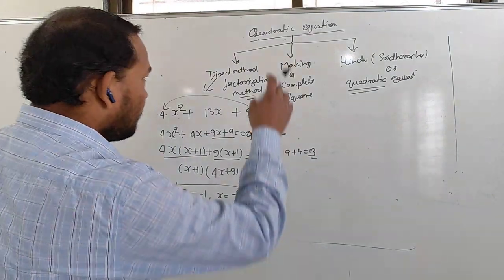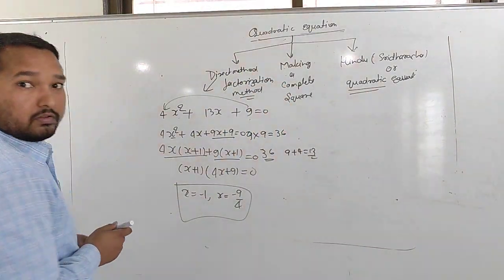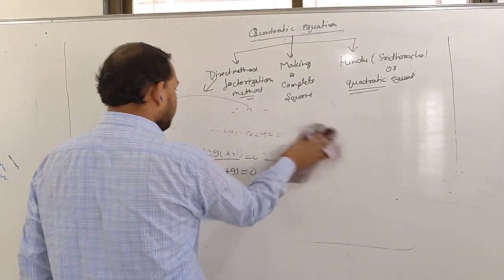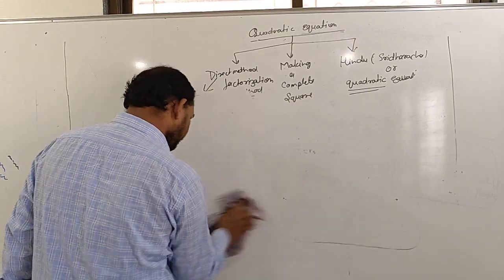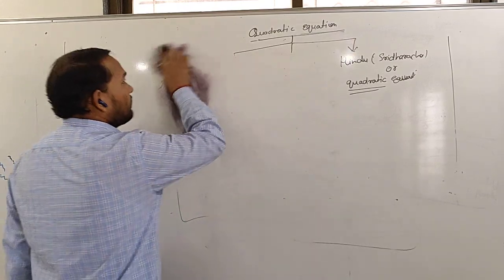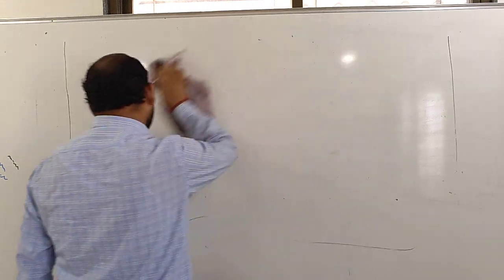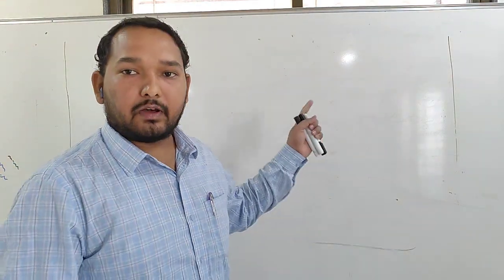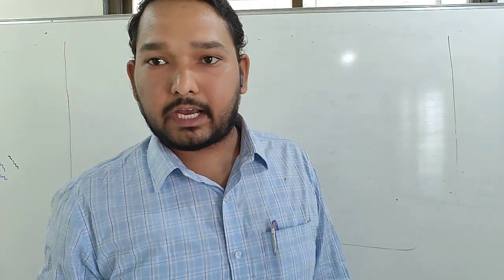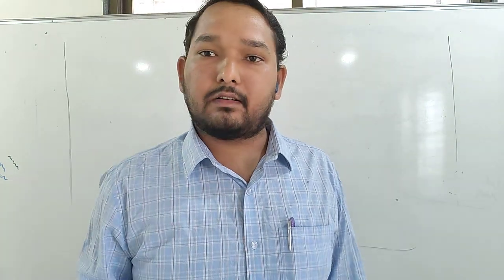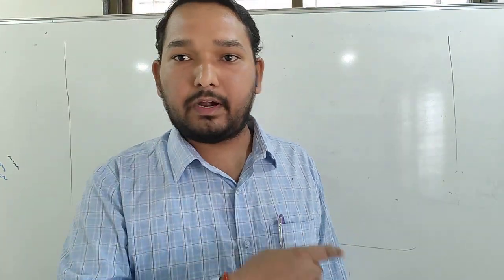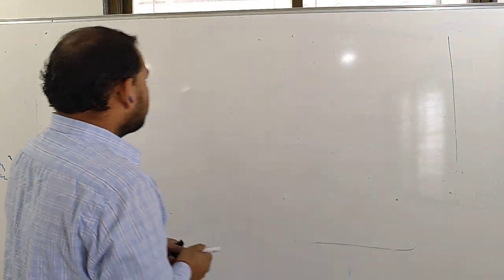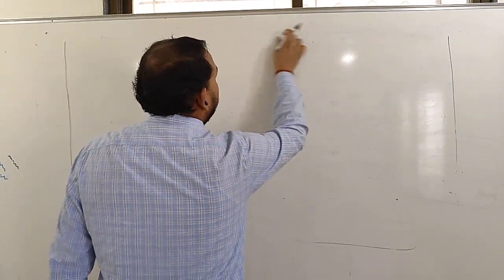Now the quadratic formula. First we derive the formula of the quadratic equation. Where do we use the quadratic formula? If a quadratic expression is given and we cannot apply the direct method or the complete square method, then we use the quadratic formula.